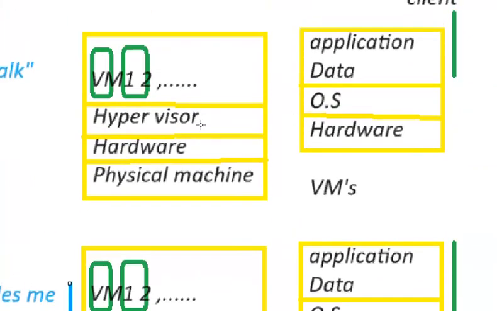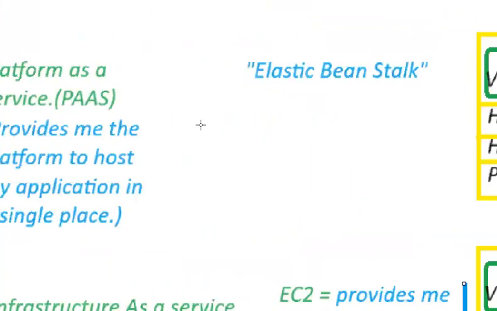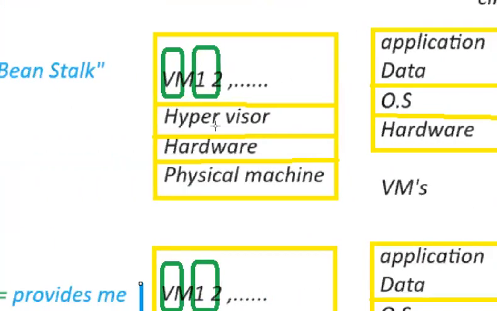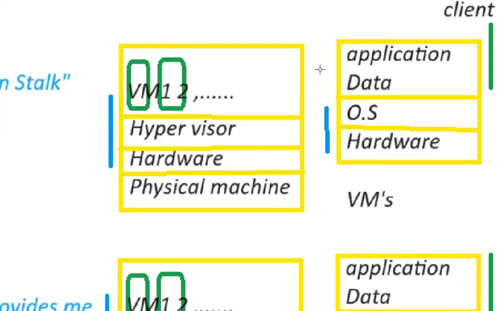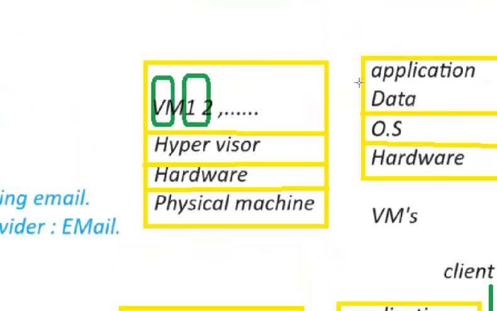Whereas in platform as a service, they provide everything as a platform, that is hardware, hypervisor, and VMs, and what is present in the VM, that is hardware and OS, everything will be provided by them. We just need to choose what we require, host our application data, and that's it.